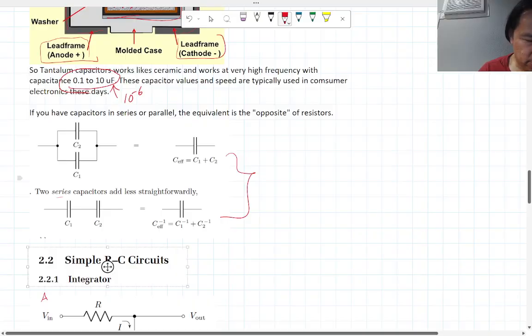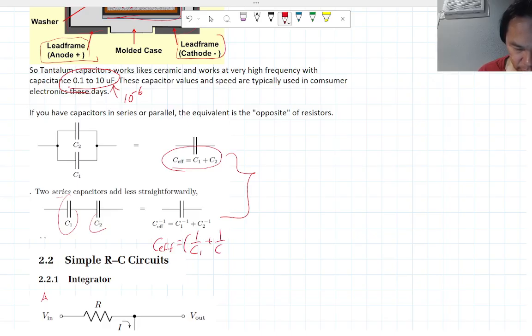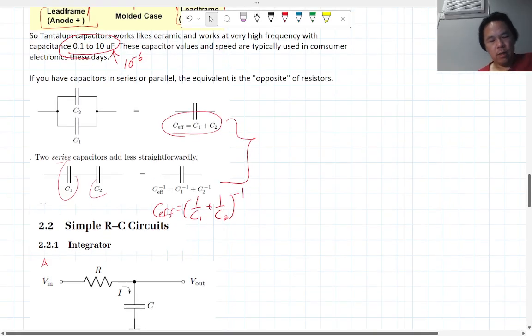Capacitors in parallel just add normally, whereas capacitors in series add with this inverse, to be consistent with the book. I think this is how they denote it previously for resistors. So they actually have the opposite type of equation compared to resistors.